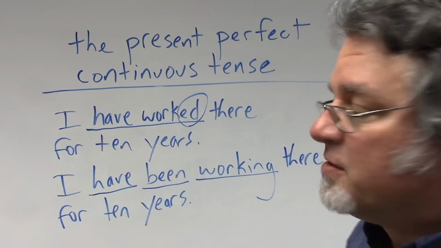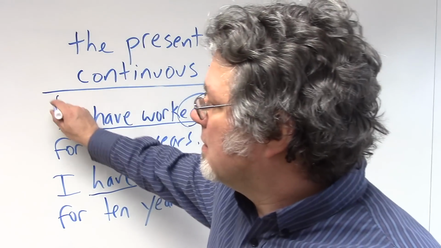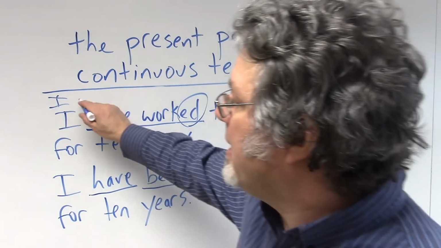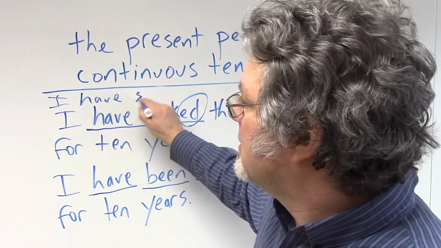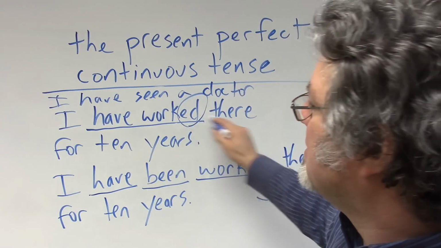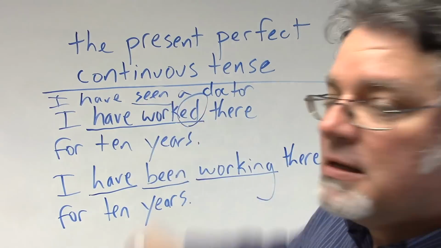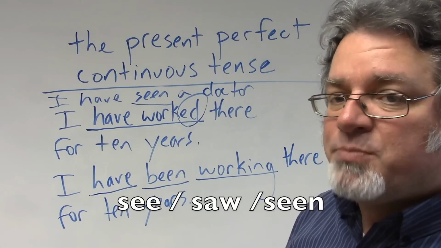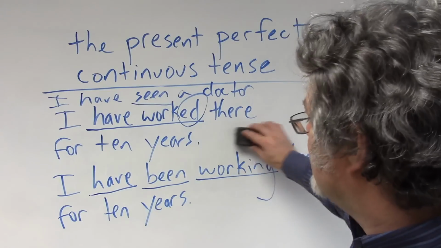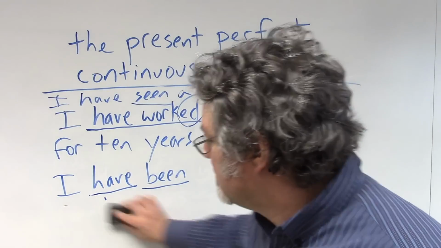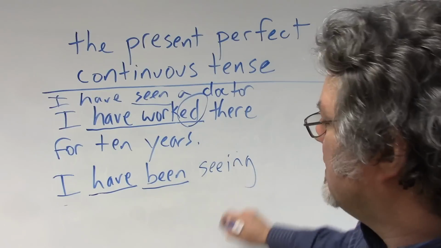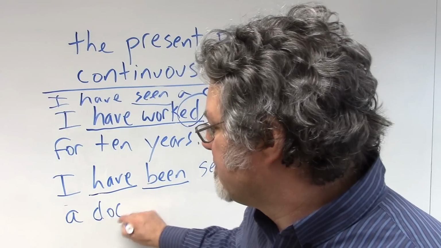But if it's a verb like see, and you have to put that into the present perfect tense, I have seen a doctor, you have to remember that the word seen is the past participle for see. In the present perfect continuous tense, then you'd say, I have been seeing a doctor.